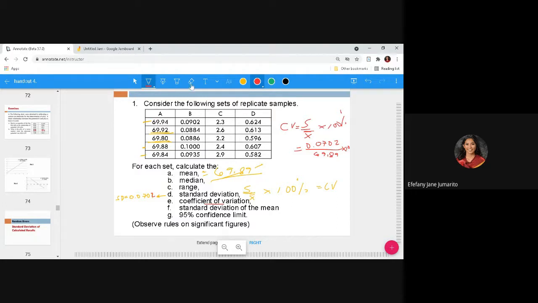Okay. So, times 100%. Okay, calculate. 0.001, ma'am. So, that is 0. CV is 0.100%. Okay, do you see? Did you follow?